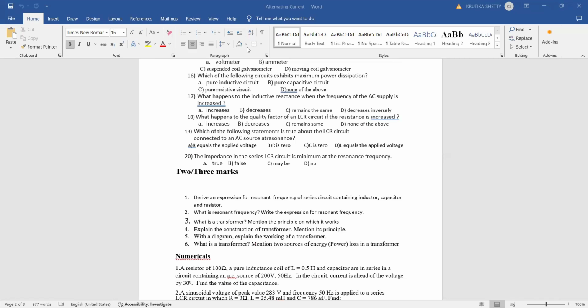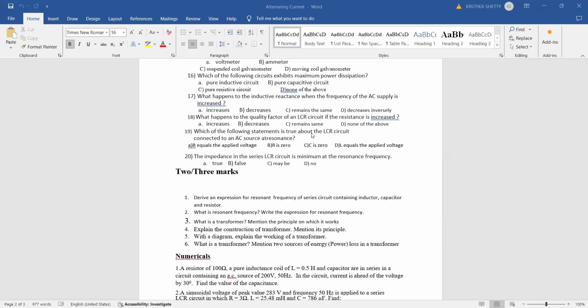Yes, correct answer. It will decrease here, students. That is, the quality factor will decrease if you are increasing the resistance. Option A is the correct answer.